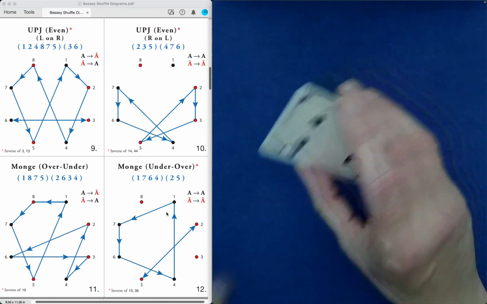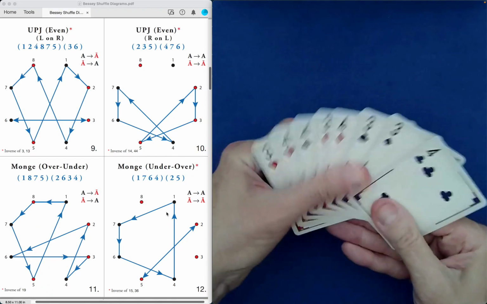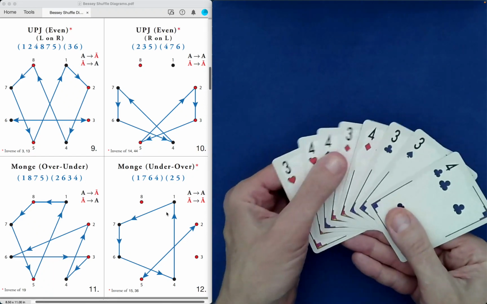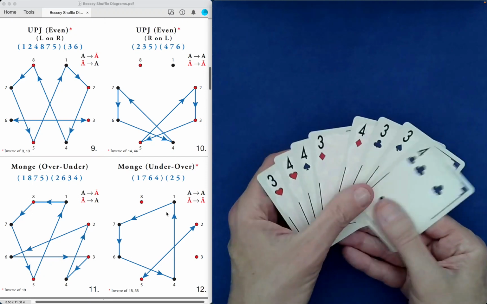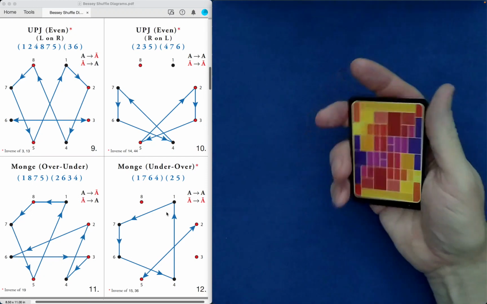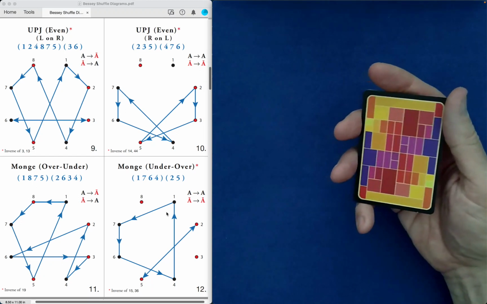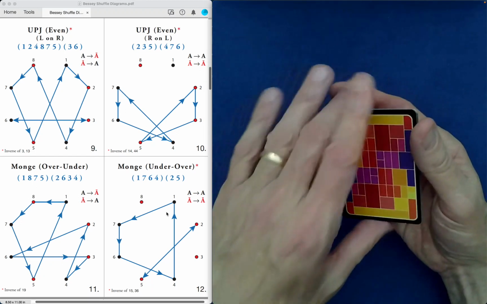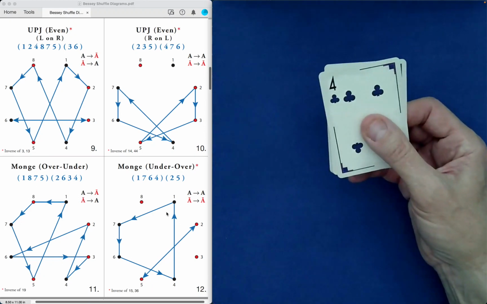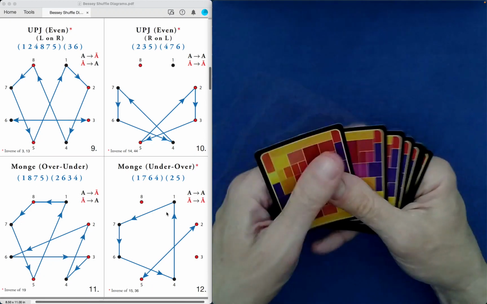So the organization of the cards will still be of this kind: 3, 4, 4, 3, 4, 3, 3, 4. Whereas if you know that the packet has in fact been inverted because of the shuffles that you chose in this list of 4, then the bottom card will now be a 3. And so that would just invert it.